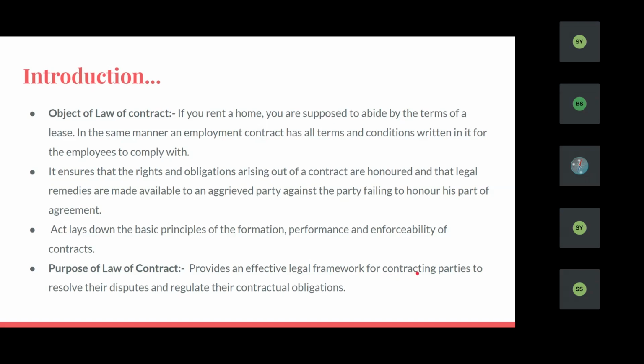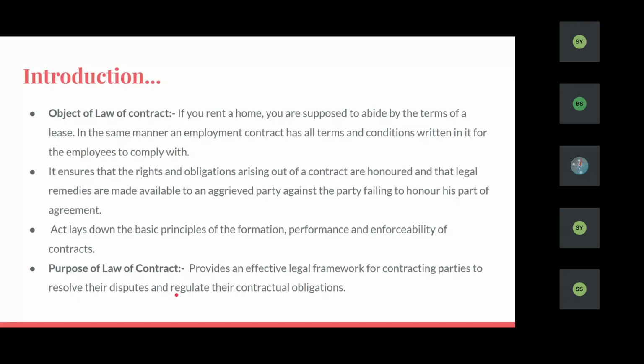There is a proper procedure prescribed for the contracting parties to resolve their disputes. In case of consumer complaints, consumers go to the consumer forum. In case of some other problems, some other courts are there. Also the procedure is different for different sorts of issues and disputes arising.